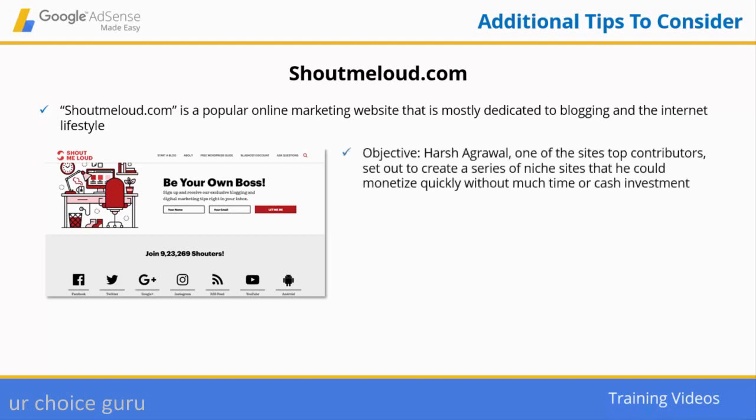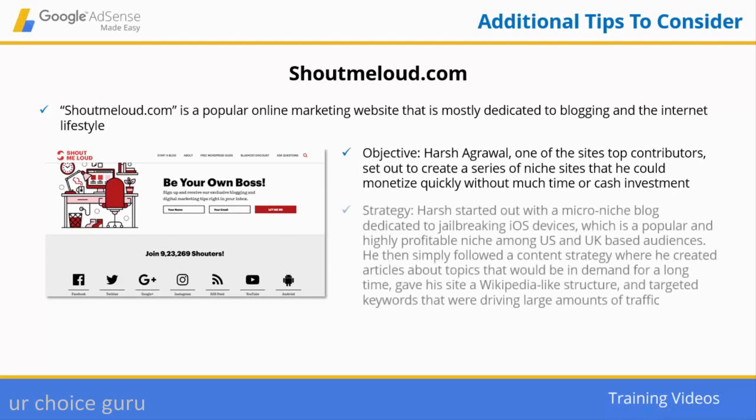Objective: Harsh Agrawal, one of the site's top contributors, set out to create a series of niche sites that he could monetize quickly without much time or cash investment. Strategy: Harsh started out with a micro-niche blog dedicated to jailbreaking iOS devices, which is a popular and highly profitable niche among US and UK-based audiences.